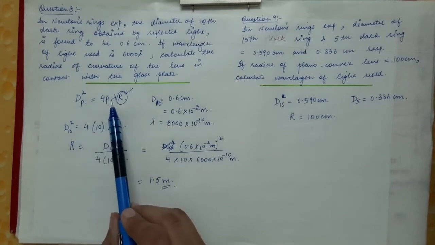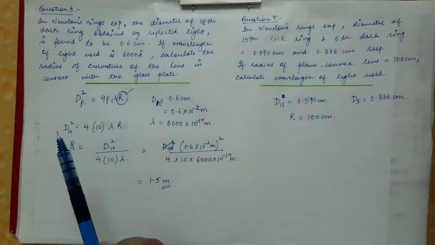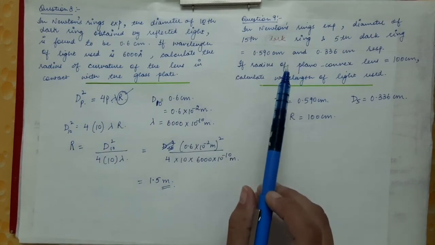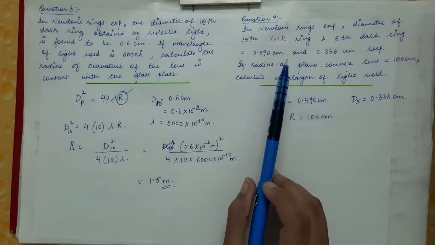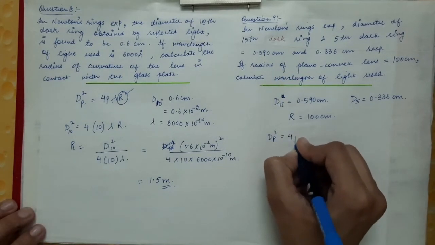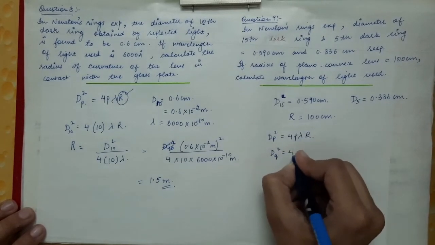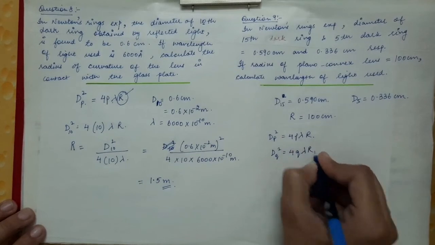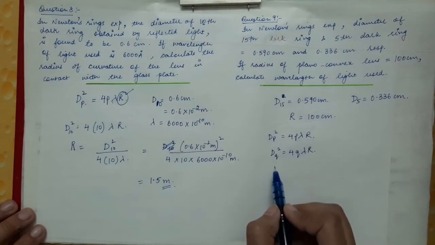So we will use the same formula, D_p square is equal to 4pλR. This formula we had derived in the applications of the Newton ring experiment. There we had derived D_p square is equal to 4pλR, and D_q square is equal to 4qλR. This is for the pth order dark ring and this is for the qth order dark ring.